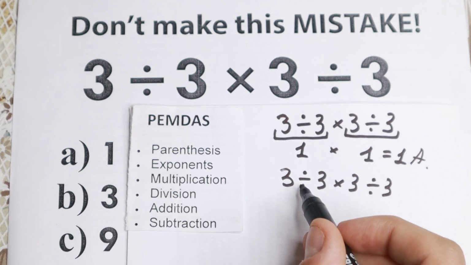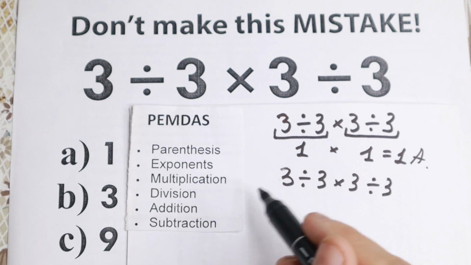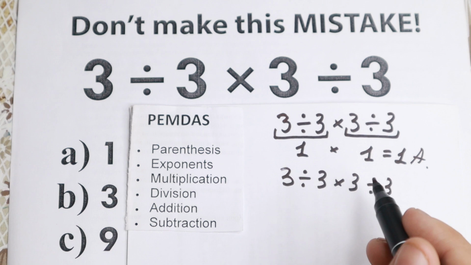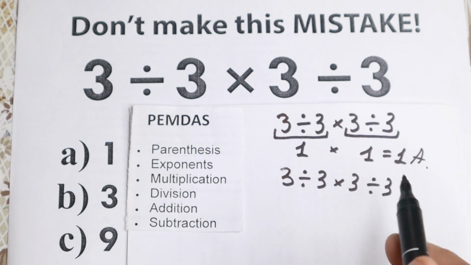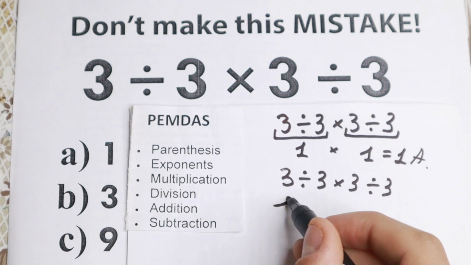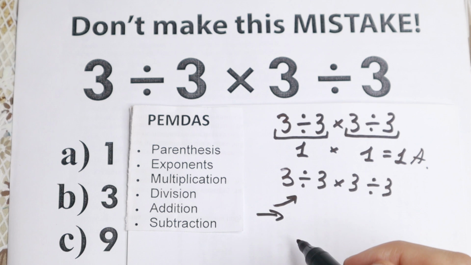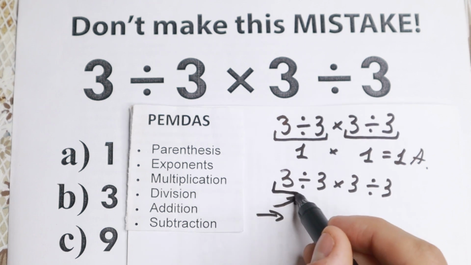Yes, I see a division, multiplication, and division sign. But how can we find the correct order? We need to scan for the first sign from left to right, and the first sign from left to right is this division. So we need to start from this division.